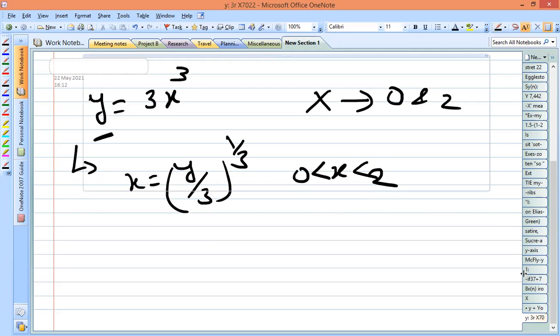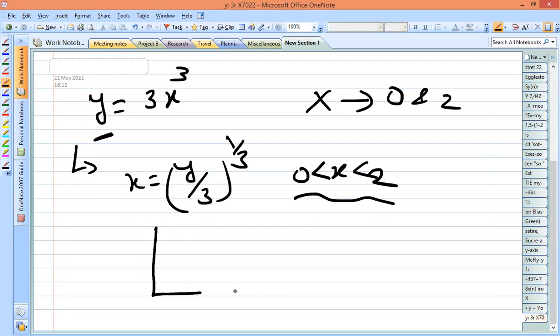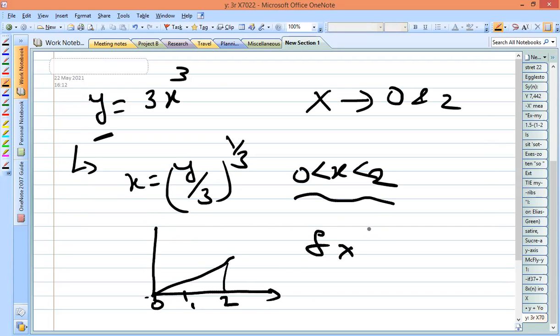Now using this equation, using this process, you can go for getting the PDF value. According to the given data, the random variable x is distributed between 0 and 2. So what is the PDF for this? What is the equation of fX of x here?